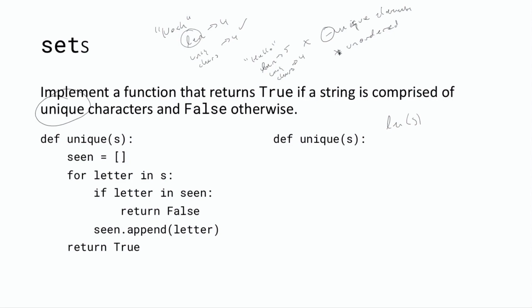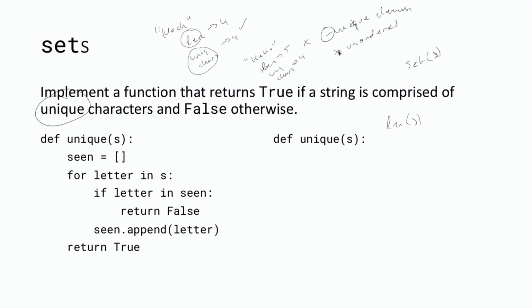Okay, well, what's the other thing? We want to know the number of unique characters, but to get the unique characters themselves, we could convert this string into a set. Basically it would look like this: if you just do set of s, and s can be anything that's iterable, so it could be a string, it could be a list, it could be other things as well.